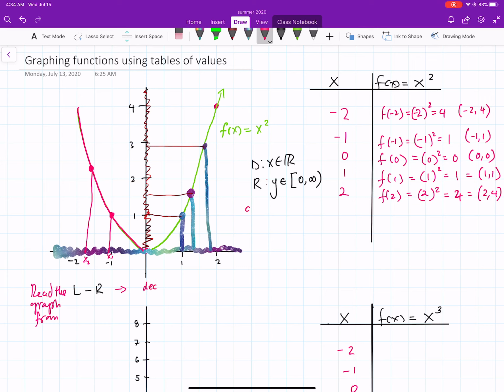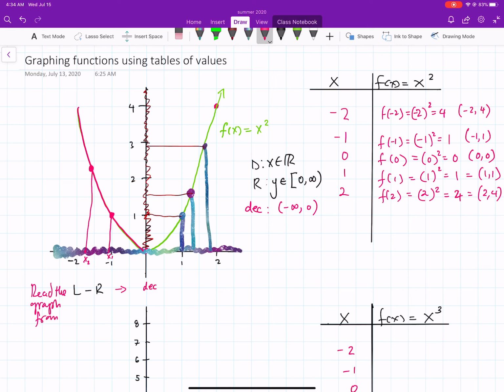Well, let me put that over here. It's decreasing from negative infinity all the way till it hits 0. Okay. And then it's increasing from 0.